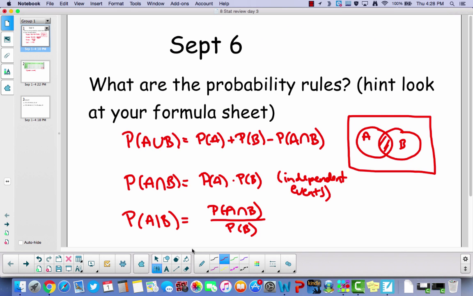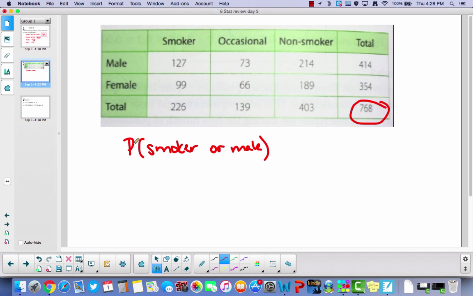So this one is the probability of A or B. A union B says the probability that's in A or the probability that's in B. So it's all the things that are in A plus all the things that are in B minus the stuff that's in both.